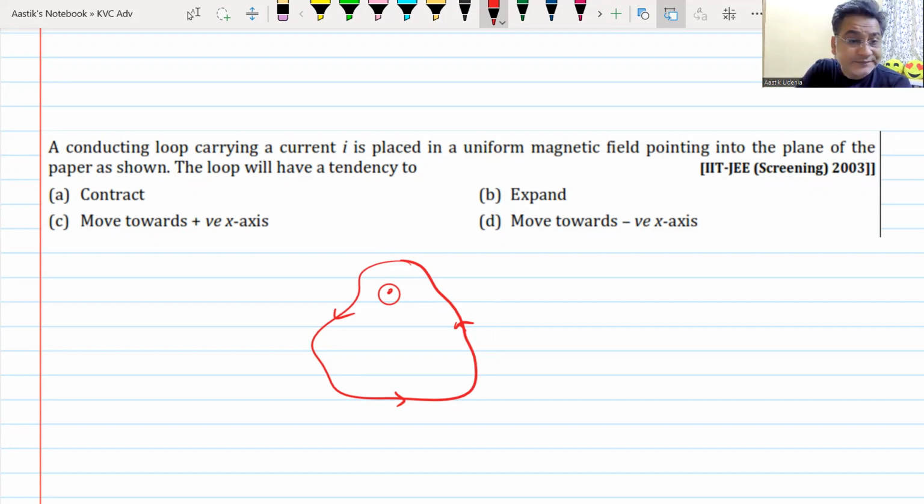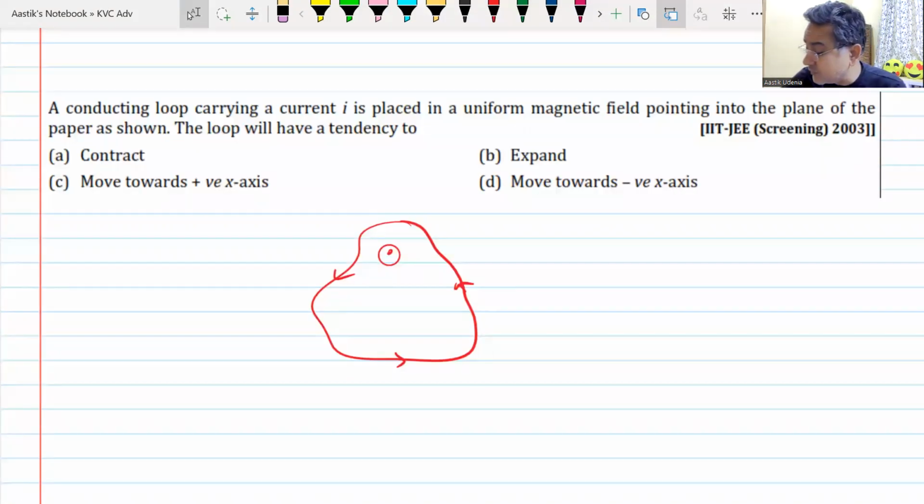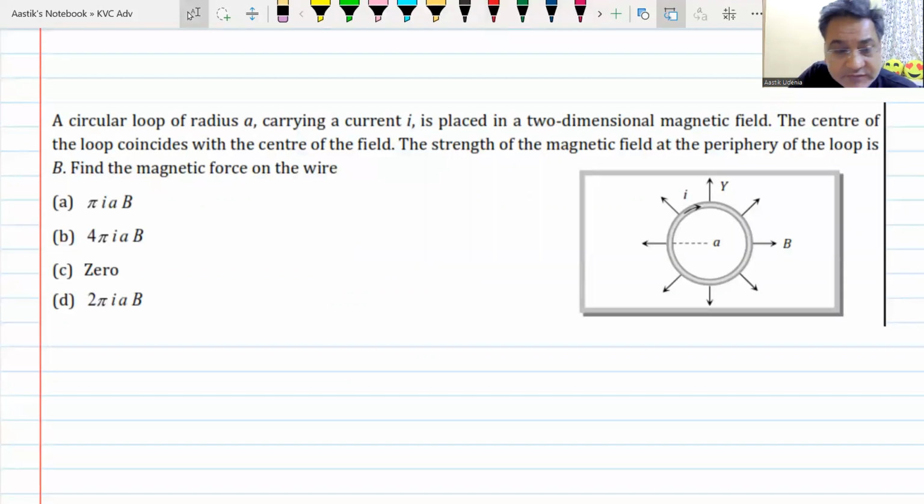So the answer is, I've already given you, this is case number 1. The loop will expand and become a circle. We know this? Yes, sir.